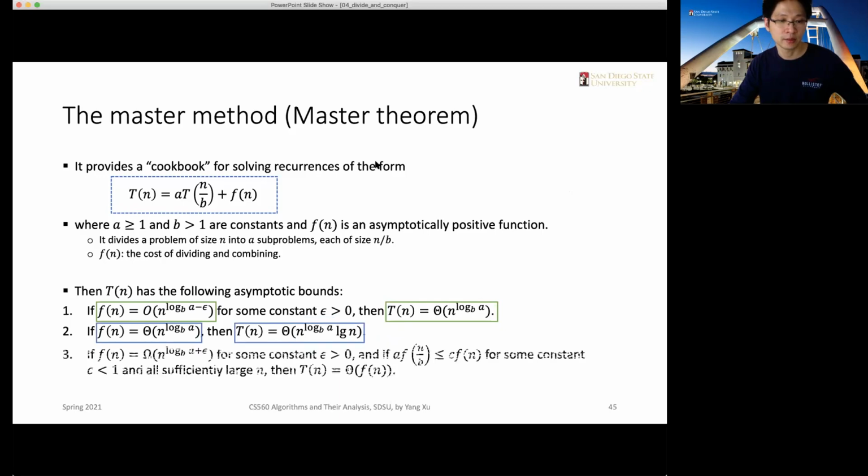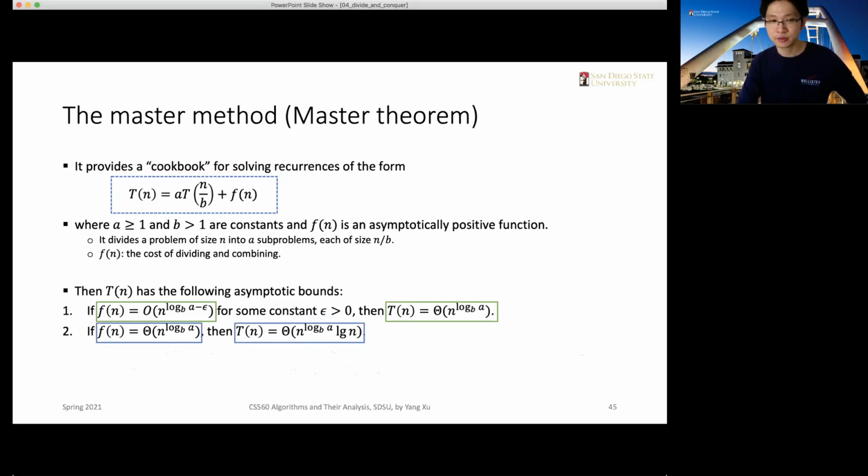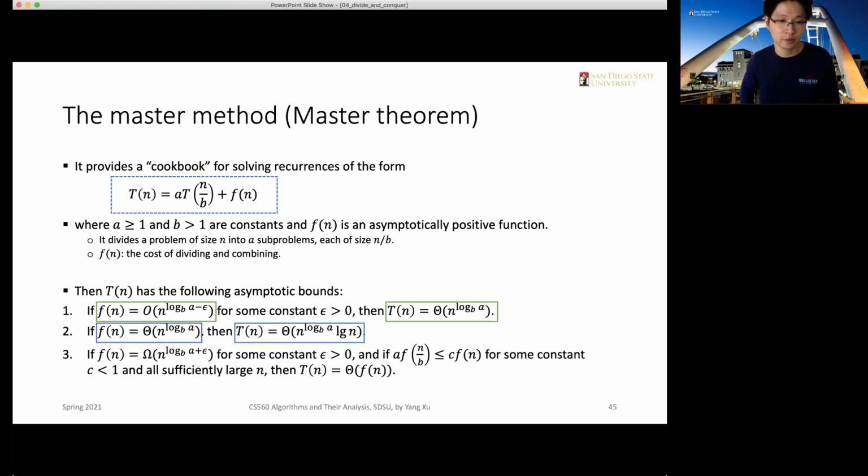All right, let's quickly look at condition 3. The third condition is a little bit longer. The question in the chat is whether epsilon is included in the logarithm function.